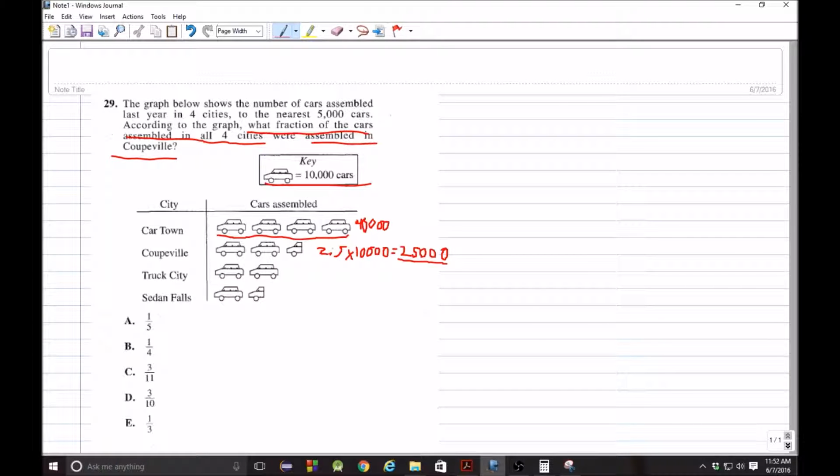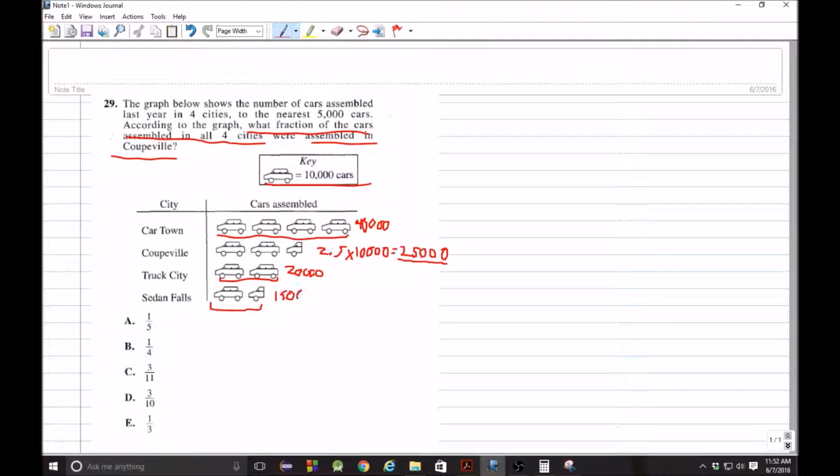Truck City has 10,000 times 2, which is 20,000. And then Cedarfall has 1.5 cars, which is 10,000 times 1.5, which equals 15,000.